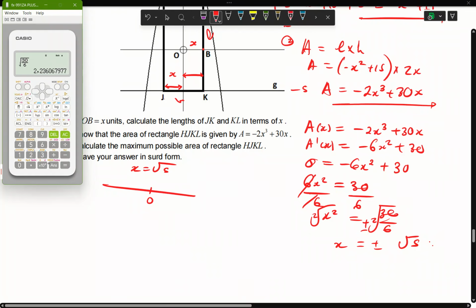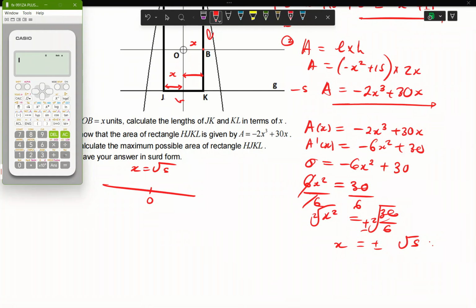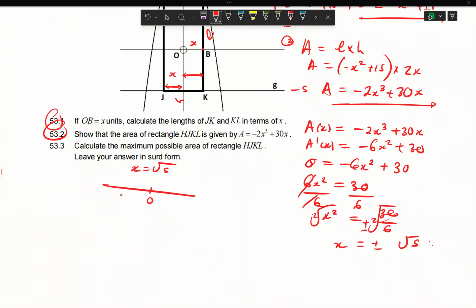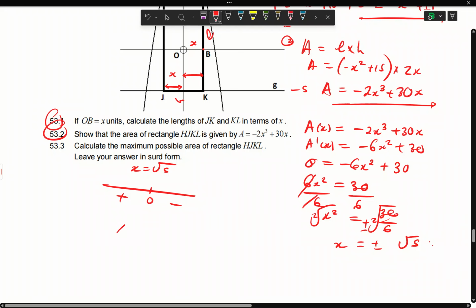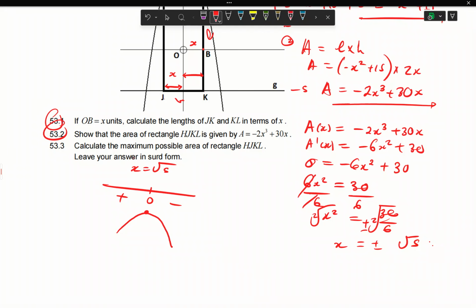Substituting into the derivative formula: plug 2, squared, plus 8 gives a positive. Then plug 3, which has to be negative. So it is positive and then negative, which means this is a maximum. So x is simply the square root of 5.